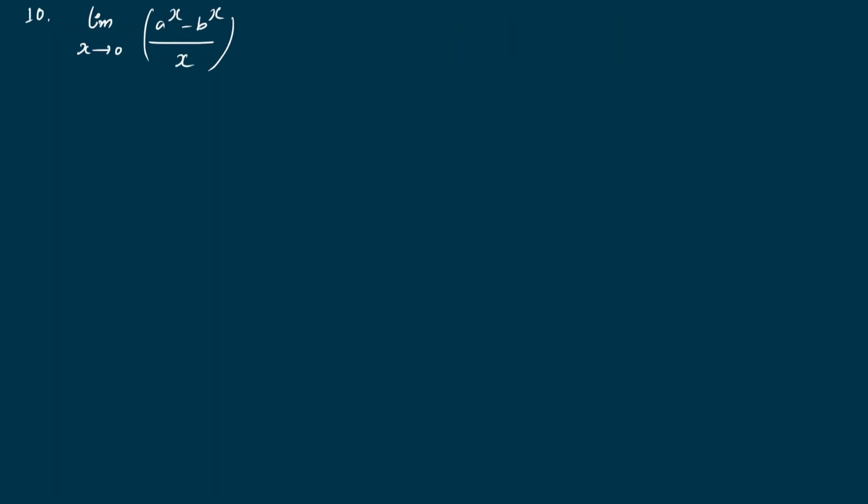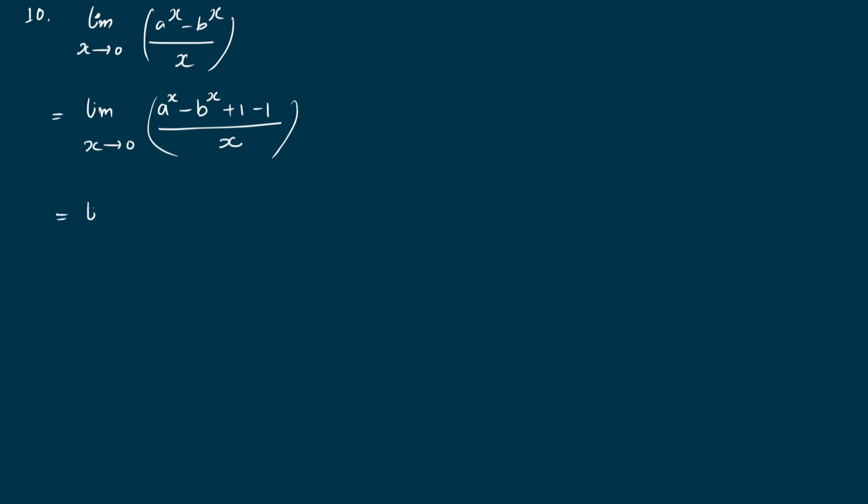Question number 10. Here I will try to manipulate the numerator. So I will write limit x tends to 0 of (a to the power x minus b to the power x), let me write plus 1 and minus 1 here, divided by x. By doing so, I'm just adding and subtracting 1, which I can do because the value has not been changed.